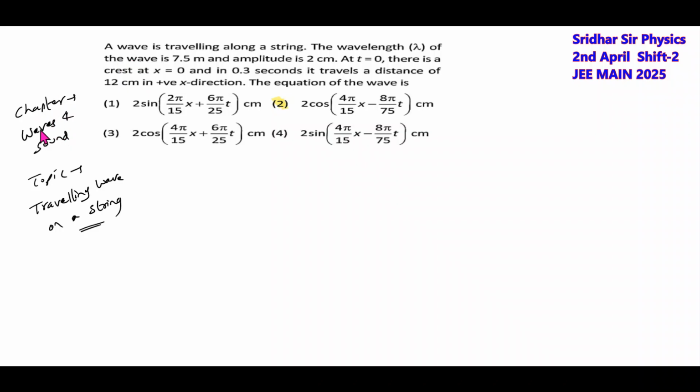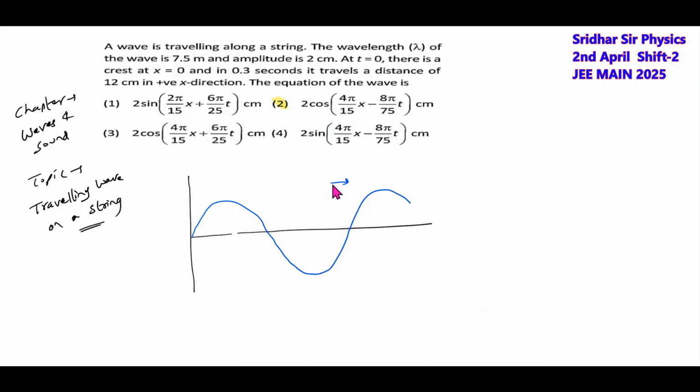This question belongs to the chapter Waves and Sound. The topic is traveling wave on a string. A wave is traveling along a string. The wavelength of the wave is 7.5 meter and amplitude is 2 centimeter. So here we have the basic wave. It travels along this, and this is a crest. This is y, this is x.